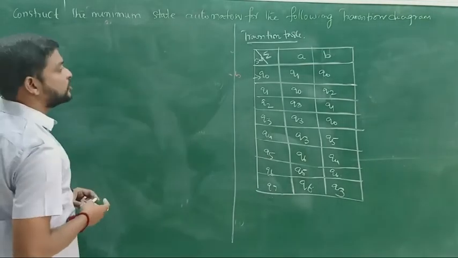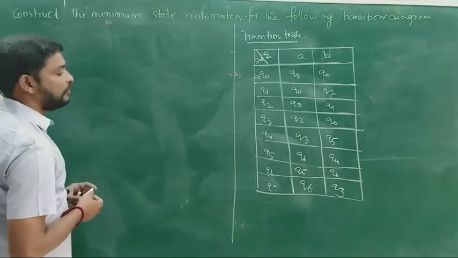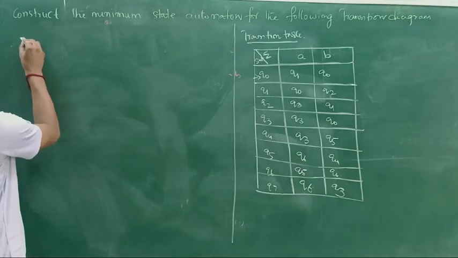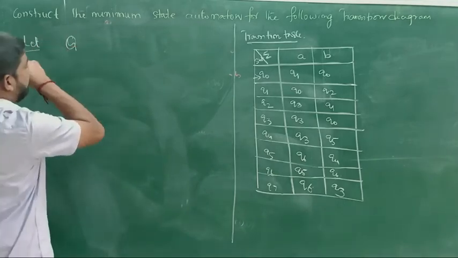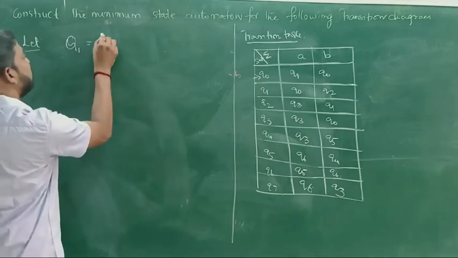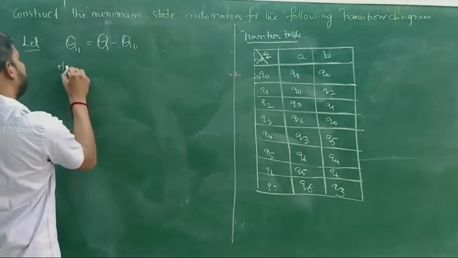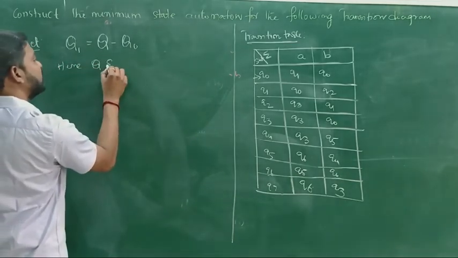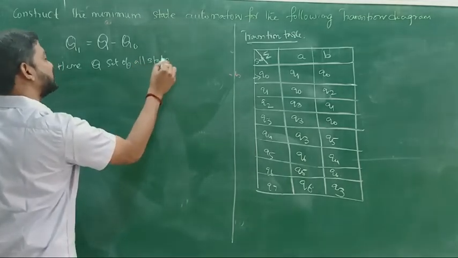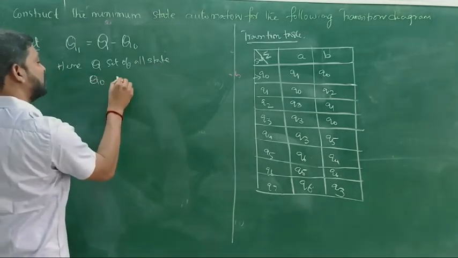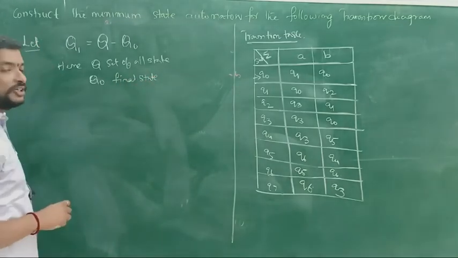So in the minimization of finite automata, the first rule is that we first find the final state. Let Q1 be equal to Q minus Q0. Here Q is the set of all states, and Q0 is the final state. This final state is the new state of the minimization of automata.